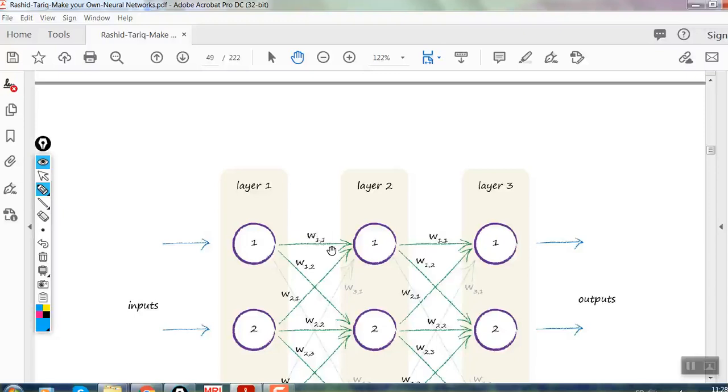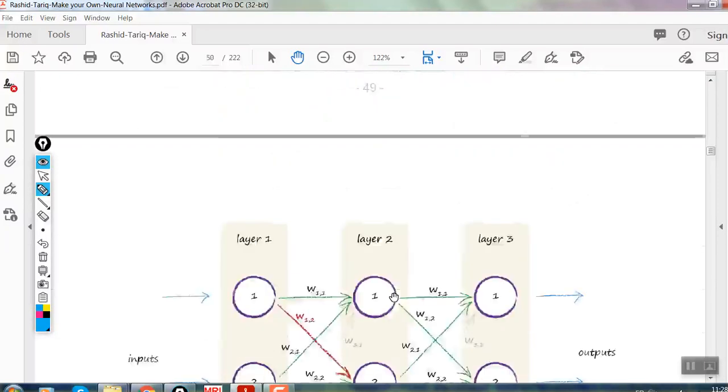W11 is the connection between neuron 1 and neuron 1. Again, W11 between layer 2 and layer 3 connects neuron 1 of layer 2 and neuron 1 of layer 3. Maybe they are the same, or maybe they aren't.